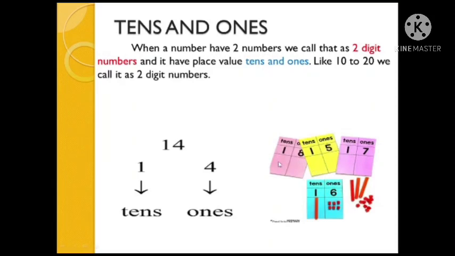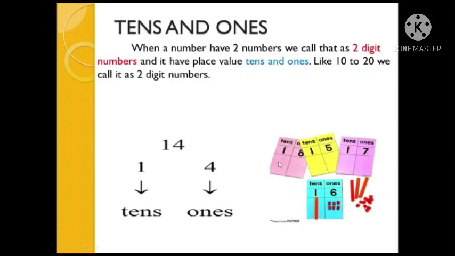So when two numbers are there in a number, we call that a two-digit number. So as of 0 to 20, 10, 11, 12, 13, 14, 15, 16, 17, 18, 19, 20 are two-digit numbers.